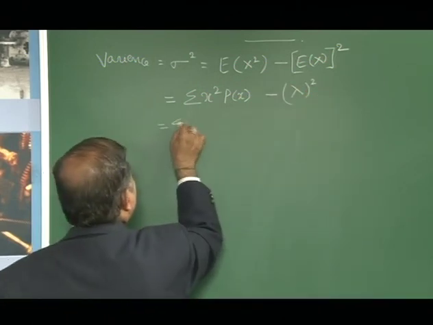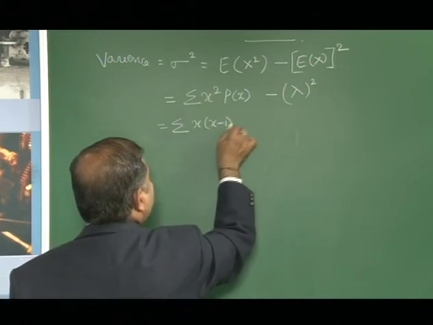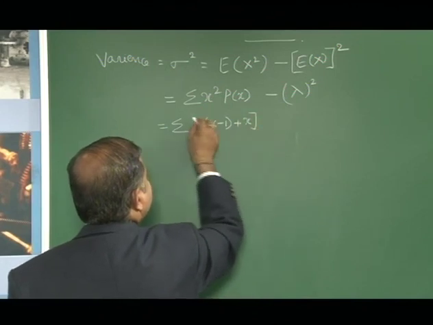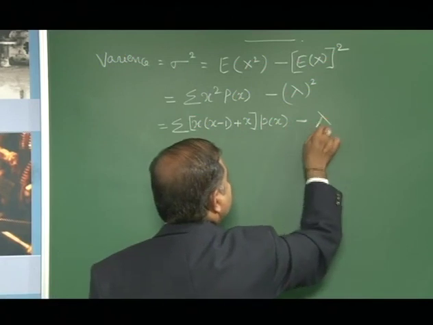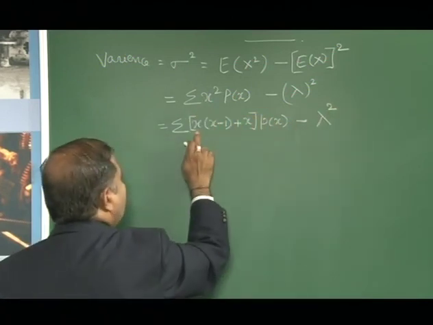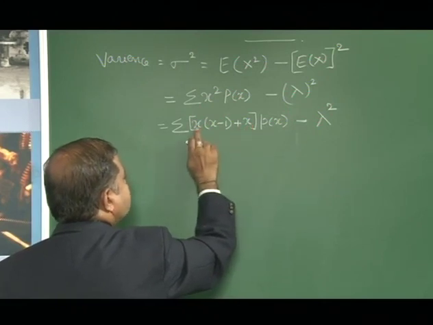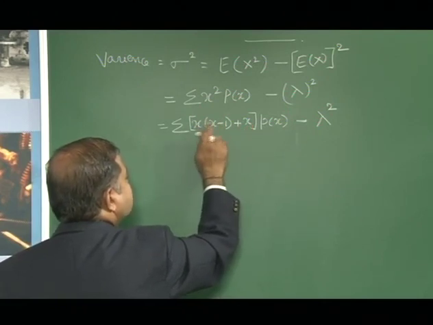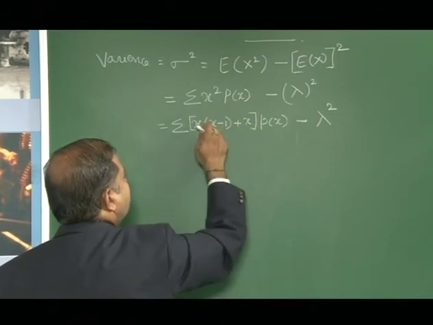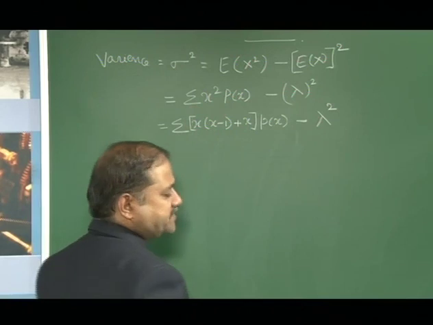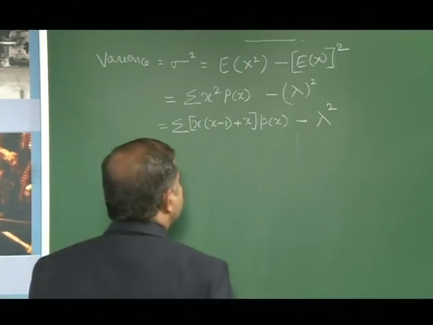Now for format purpose, x square, last time also we have written, we rewrite x square as x into x minus 1 plus x. What happens? X square minus x plus x, minus x gets cancelled. I will get only x square. Same idea again I am repeating, as in the binomial distribution.